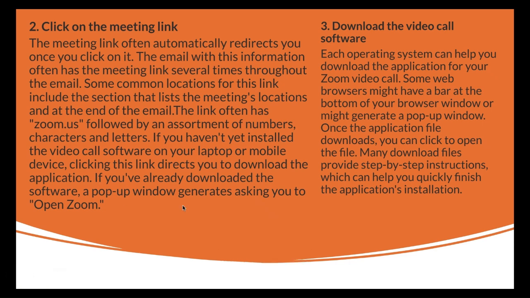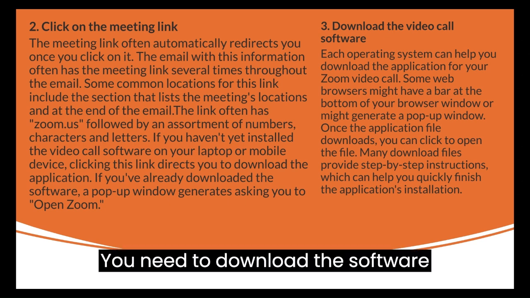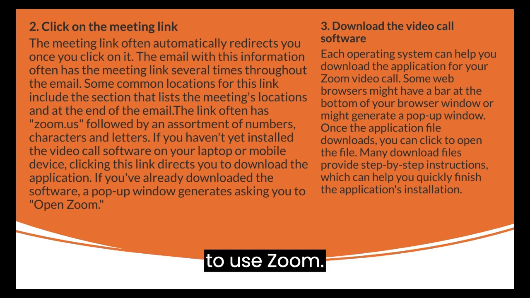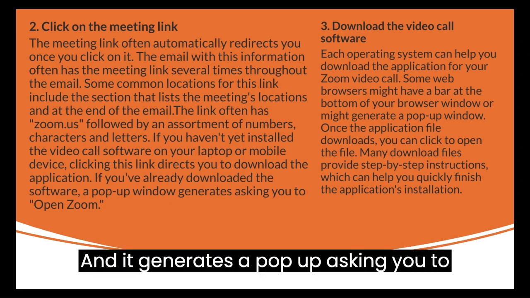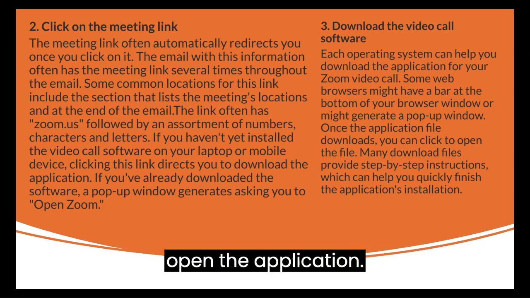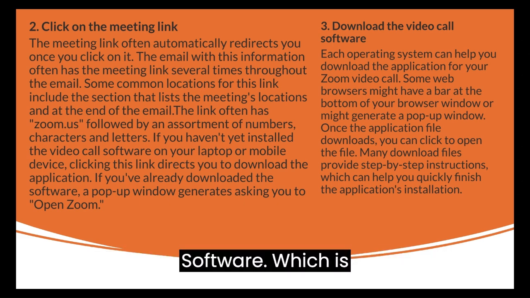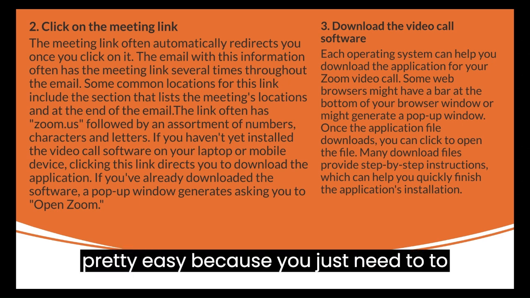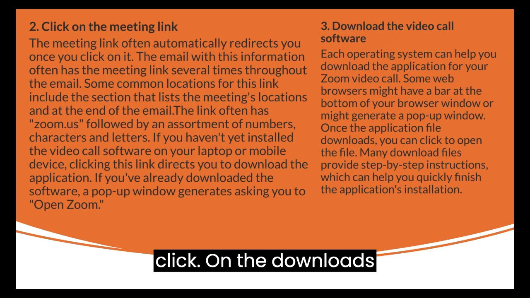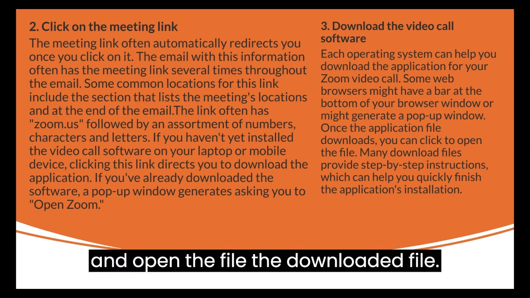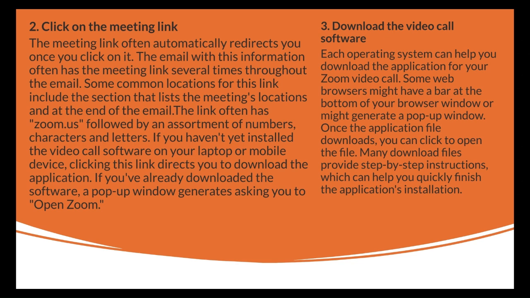Generally, once you click on the link, you need to download the software to use Zoom, and it generates a pop-up asking you to open the application. So you need to download the video call software, which is pretty easy because you just need to click on the downloads and open the downloaded file.